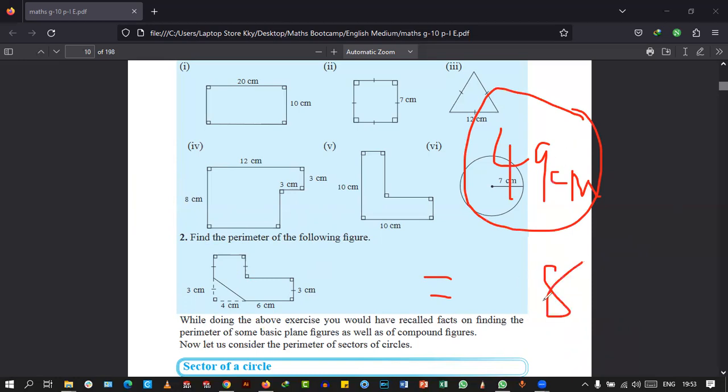So 8 will be there, 0 will be there, 3 will be there, centimeters. Is it correct or wrong? That is mental mathematics. Don't have to write anything, just obtaining the answer.